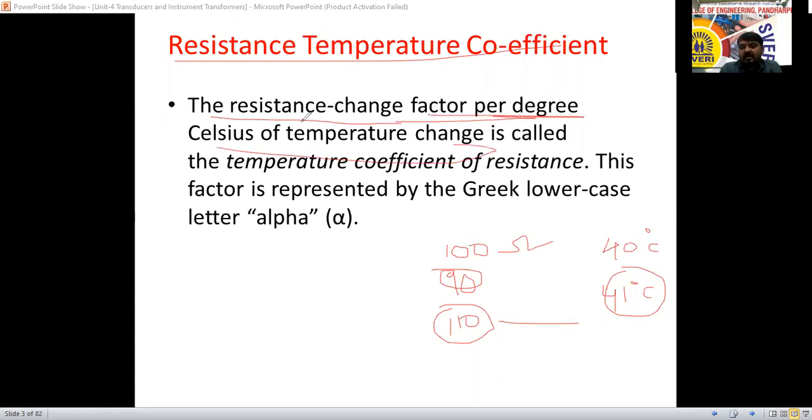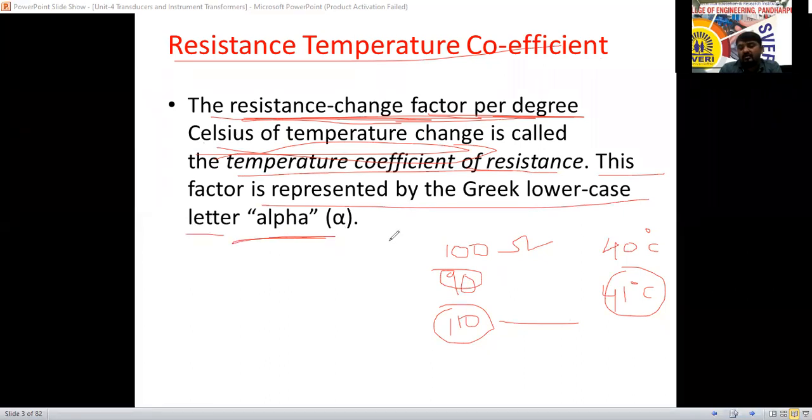When the temperature changes by 1 degree Celsius, the resistance changes. This factor is represented by a Greek lowercase letter, alpha.